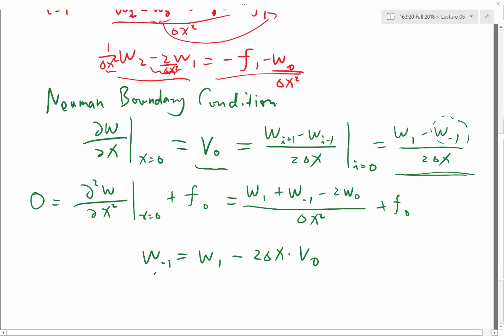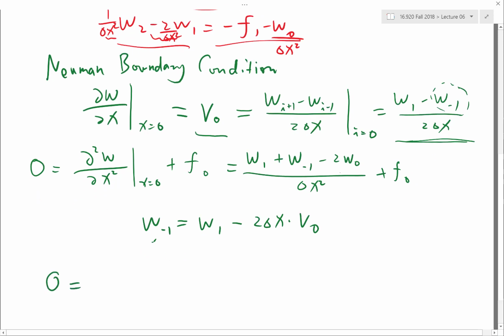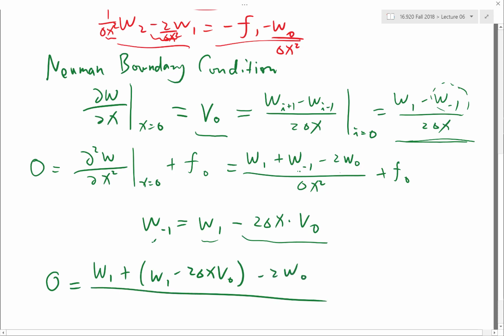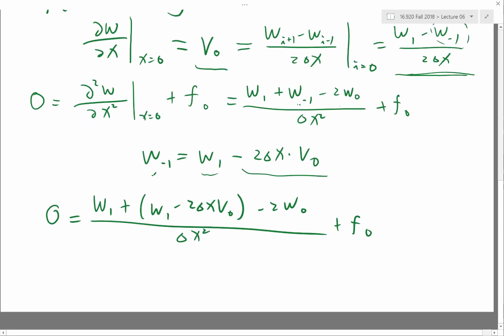And now we plug this in, we get 0 equal to, okay, so now W-1 is replaced by that, and this part is known. So I'm going to be combining known and unknown later on. W1 minus 2 delta x V0 minus 2 W0, over delta x squared, plus F0. Combining all the knowns, this is known, this is known. Remember now W0 is actually not known, right? We only know the derivative, not the value.